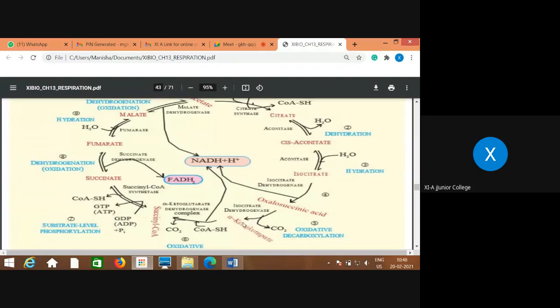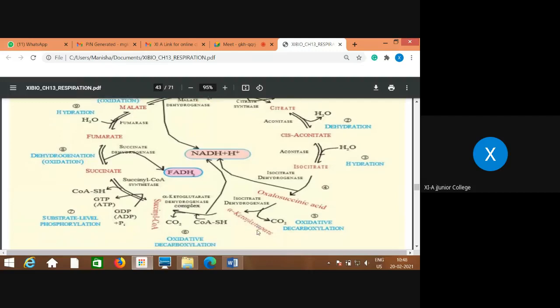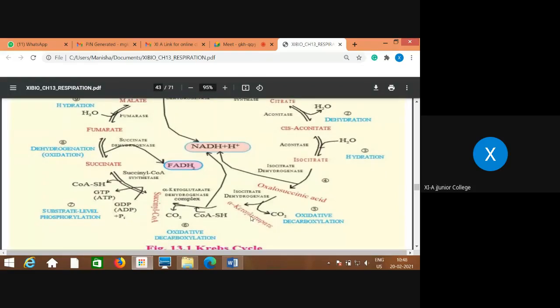Okay, then again this 5-carbon compound alpha ketoglutaric acid or glutarate gets converted into a 4-carbon compound with again the removal of one more carbon in the form of CO2, to form succinyl coenzyme A. How?